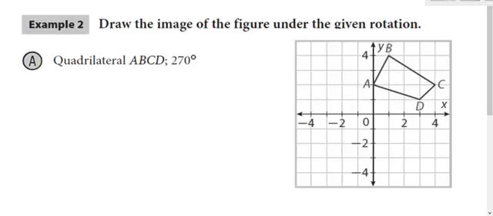So draw the image under the given rotation. So we're going to start this time, we're going to write down all the coordinates.